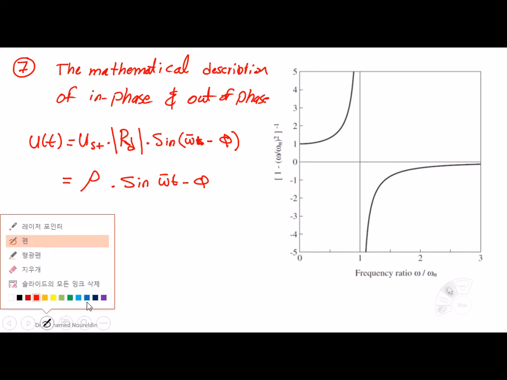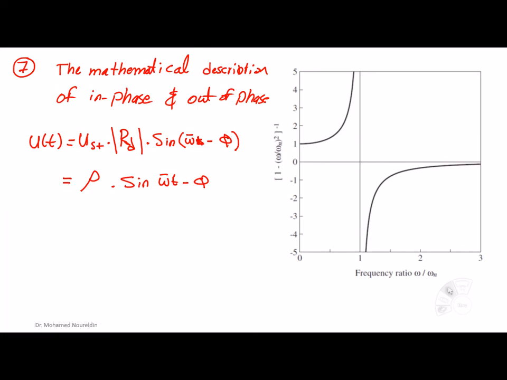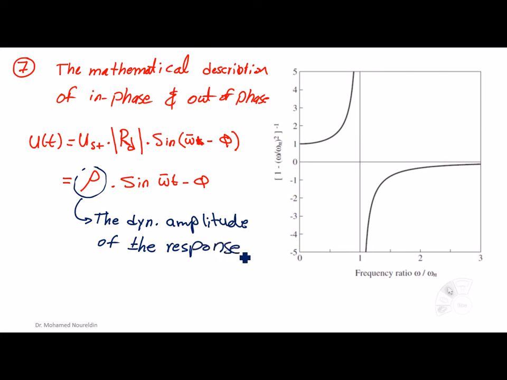Well, we're going to see some new things here. What is this rho? We're going to call it the dynamic amplitude of the response. This is our response, and there is something multiplied by a sinusoidal function. So this something is the dynamic amplitude.